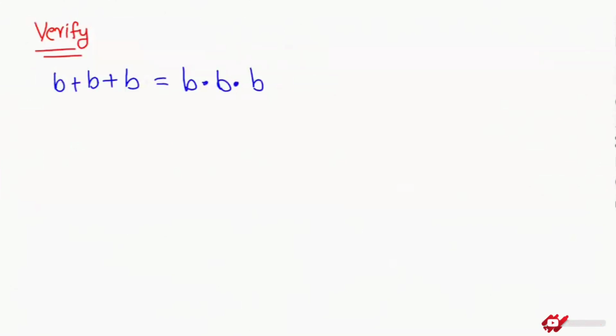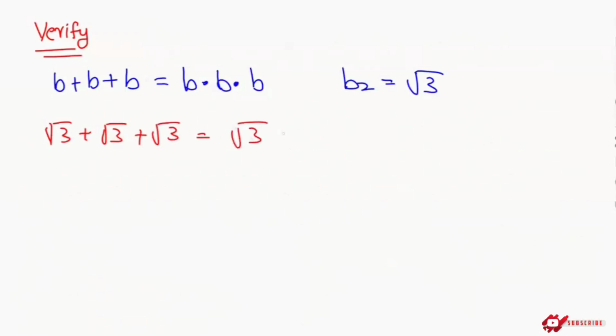Now we're going to verify the positive root 3. So here we have root 3 plus root 3 plus root 3 is equal to root 3 times root 3 times root 3. Now here we have the same terms, so I will add them all up.